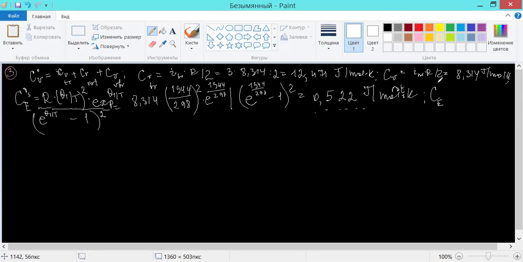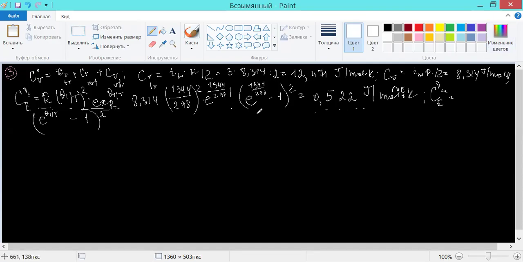So CE2, it's delta A sub S. The same formula, but the values are different. Instead of 1944, we plug in 3448, right?